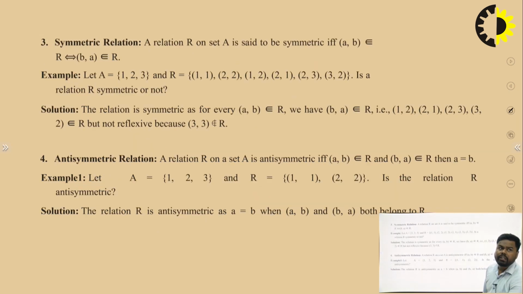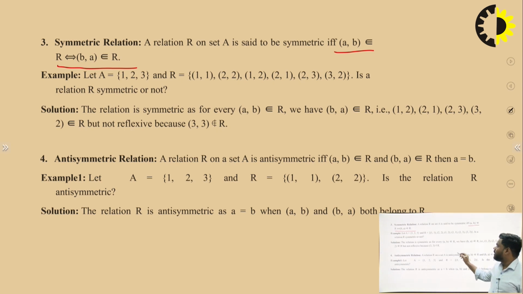Now symmetric. A relation R on set A is said to be symmetric if (a,b) belongs to R, then (b,a) also belongs to R, if and only if. The set A given is {1, 2, 3} and the relation is (1,1), (2,2), (1,2), (2,1), (2,3) and (3,2). So we have to check whether this is symmetric or not.